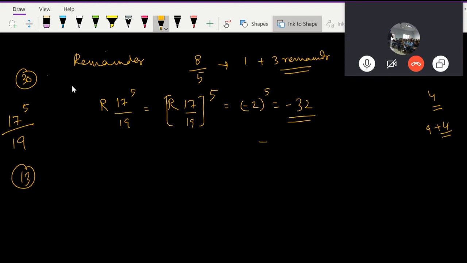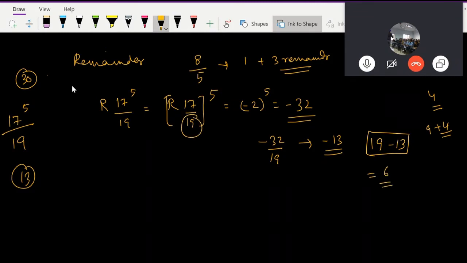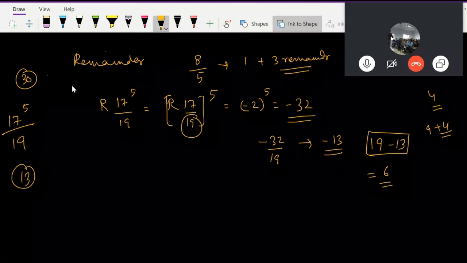So now minus 32 divided by 19 will give me a remainder of minus 13, not plus 13. So when you are having a remainder of minus 13, you have to subtract it from the divisor itself. So 19 minus 13, which is 6, would be the remainder. Is it clear?